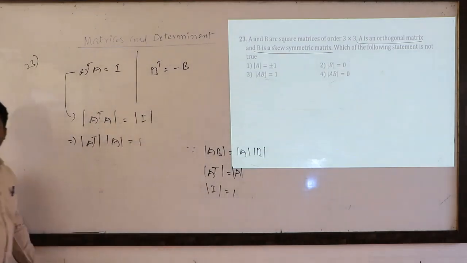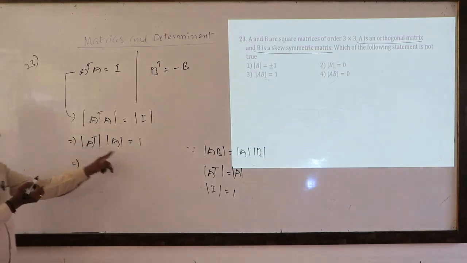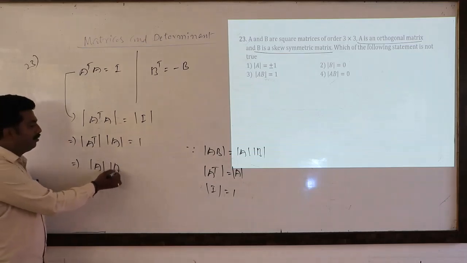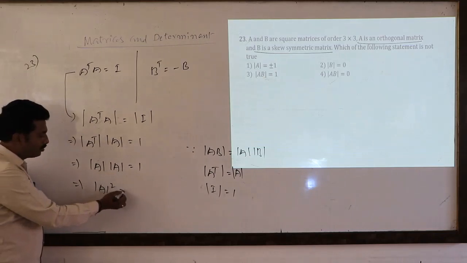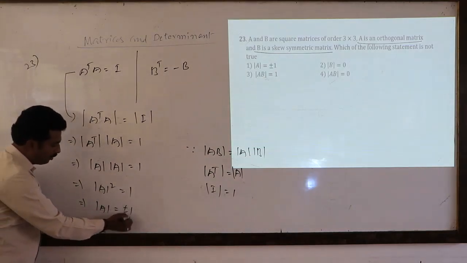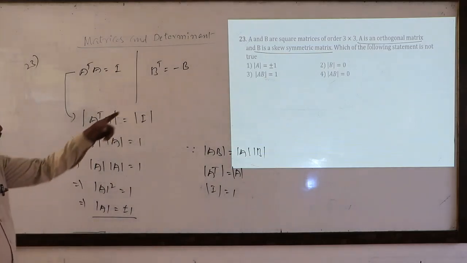So this is det A into det A equal to 1. So det A whole square equal to 1, so det A equal to plus or minus 1. So first option is correct. Which one is wrong?